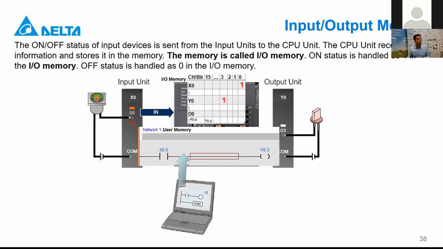But when we push the button, the input unit updates the table, and 0.0 becomes true, and the CPU checks that, okay, if this is true, I need to set 0.3 true too. So 0.3 becomes true, and the output unit reads this line, and when it is on, it allows the signal to go through to the relay. So this is actually how it works inside the PLC.